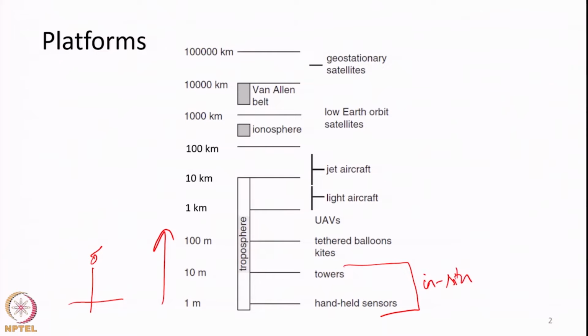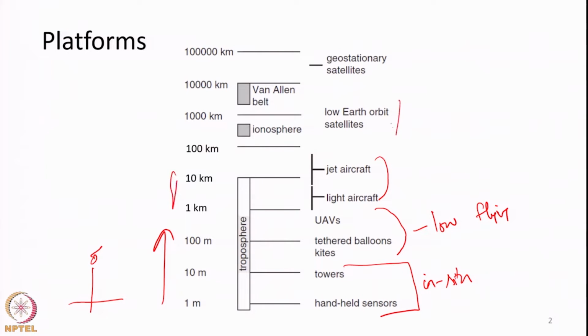Then we have UAVs and stellar balloons, which are low flying platforms. They are airborne, but still fly pretty close to the ground. Then we have aircraft, which can fly at a slightly higher altitude in the range of a few kilometers.